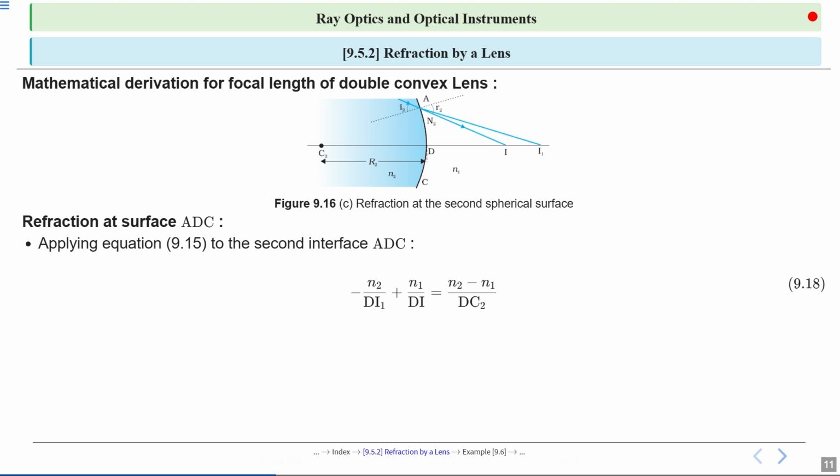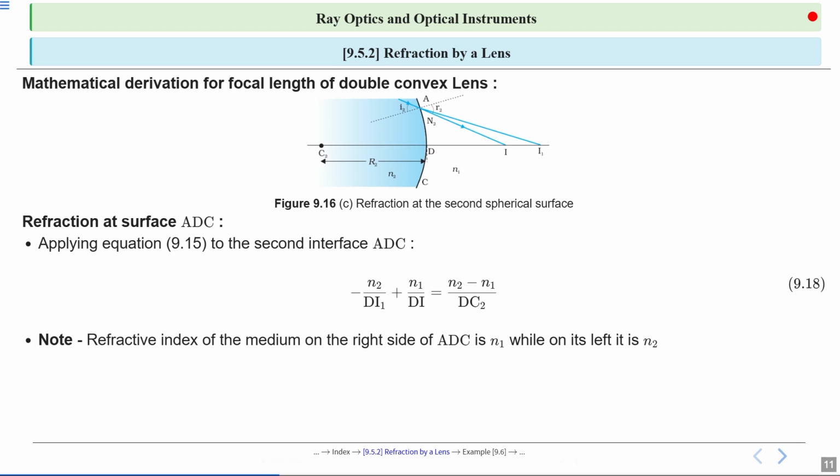That's why we are applying the negative sign in the formula. Plus the ratio of the refractive index in which the image is placed upon the image distance. So N1, in which the final image is present, upon di, equal to N2 minus N1 upon DC2. DC2 is the radius of curvature of this surface ADC. Mark it as equation 9.18.